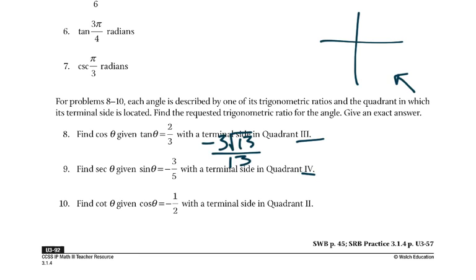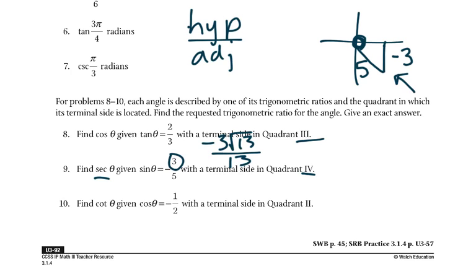Okay, we're given the sine. The sine tells me the opposite side, so if I draw my triangle here, so the opposite side would be, because the reference angle is always in here in the center basically, would be -3. Okay, the hypotenuse would be 5. To find the secant, okay, the secant's opposite of cosine, so it's going to be hypotenuse over adjacent.